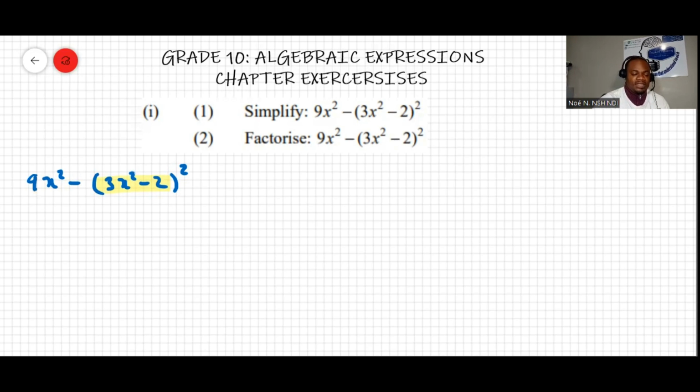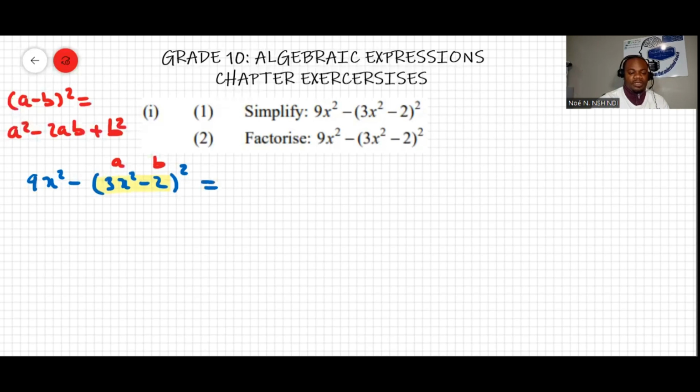The formula says that for the perfect square, if you have like a minus b to the power of 2, this is equal to a squared minus 2ab plus b squared, okay? So over here, all this 3x squared is my a, and 2 is my b.